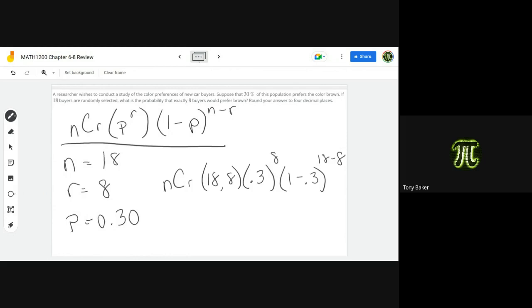And if you type it in correctly, you should get 0.0811.